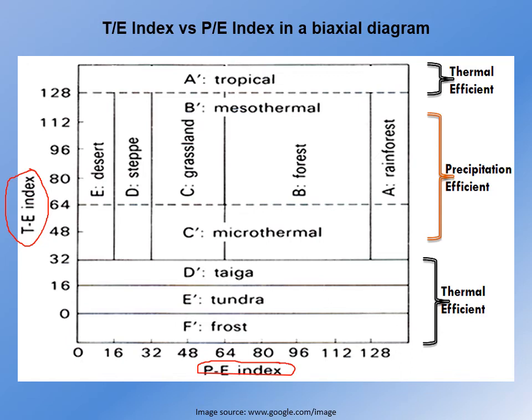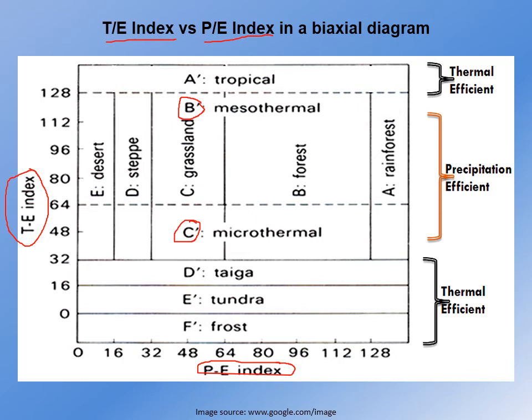Now after plotting the TE index and PE index values in this binary diagram, it was found that the regions like A dash, D dash, E dash, and F dash are solely controlled by temperature, whereas the B dash and C dash temperature provinces are again subdivided into five different humidity provinces.